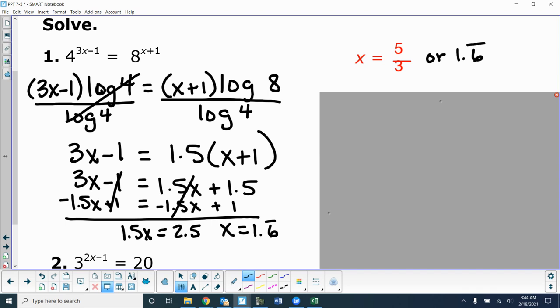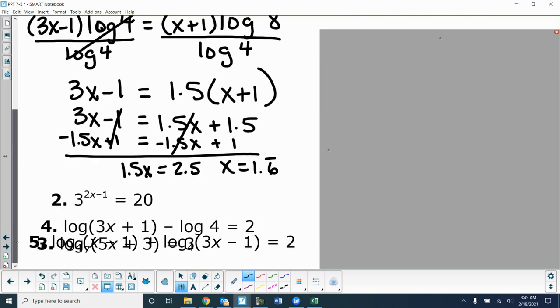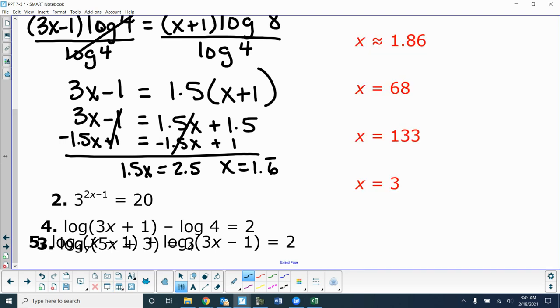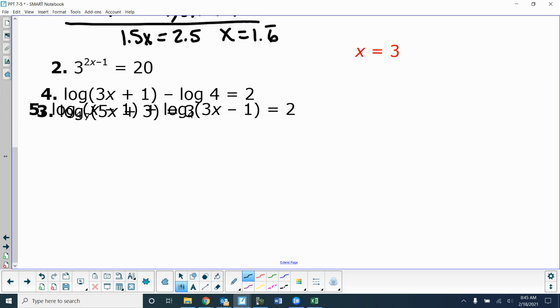Okay, we can do all of these types of problems, the exponential ones, by taking the log of both sides. So we can do that same thing for these others as well.